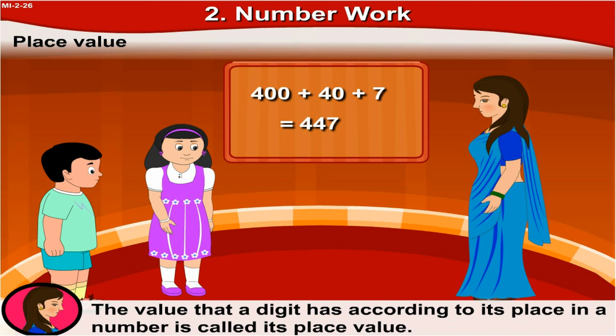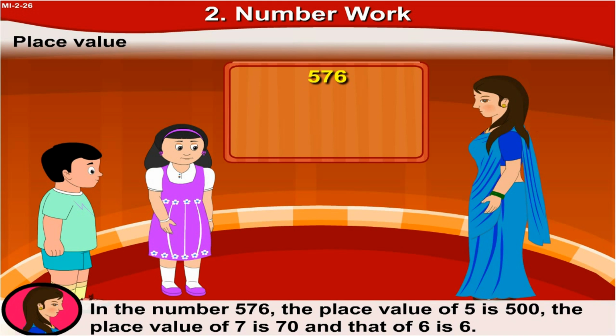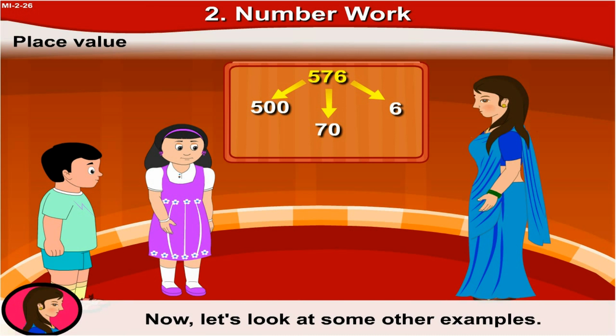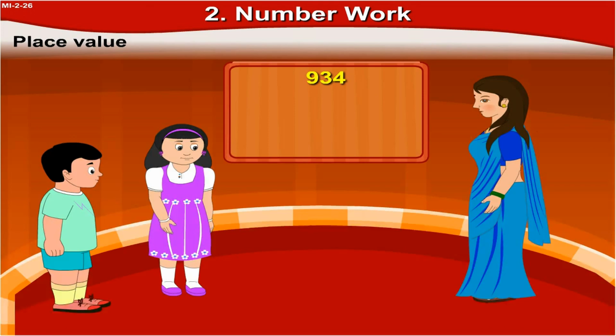The value that a digit has according to its place in a number is called its place value. In the number 576, the place value of 5 is 500, the place value of 7 is 70, and that of 6 is 6. Now let's look at some other examples. 934.